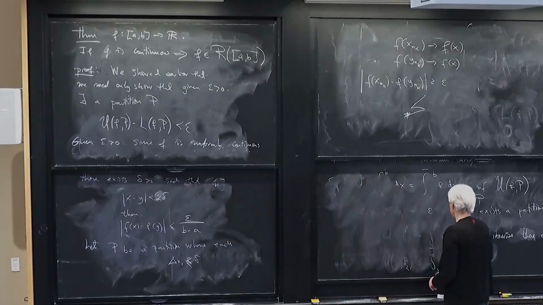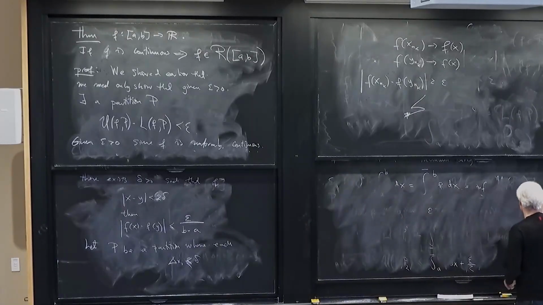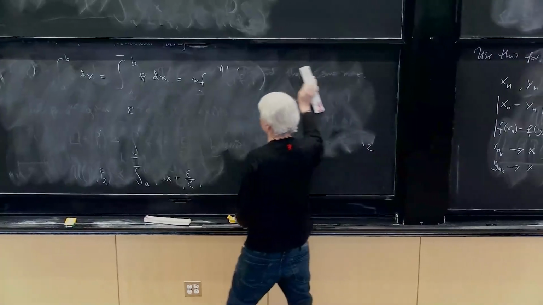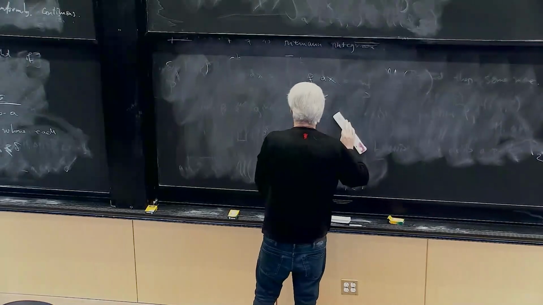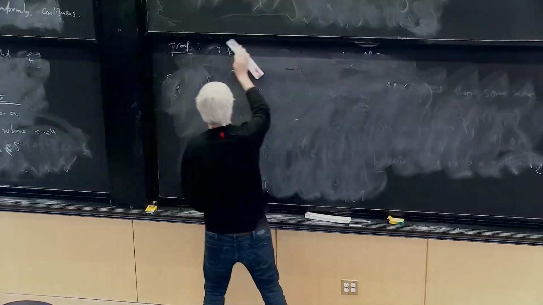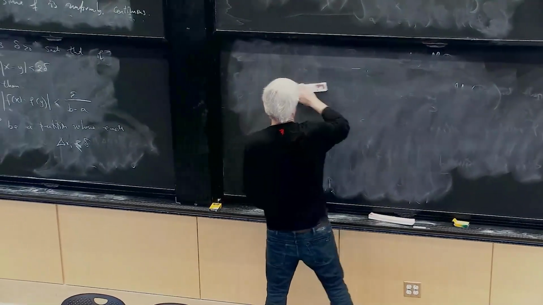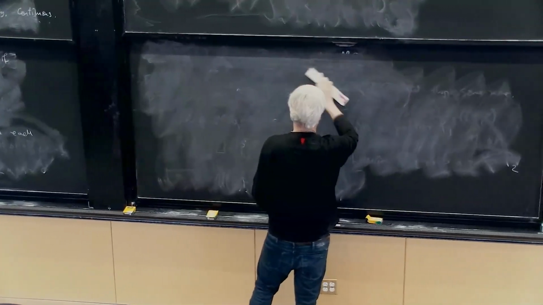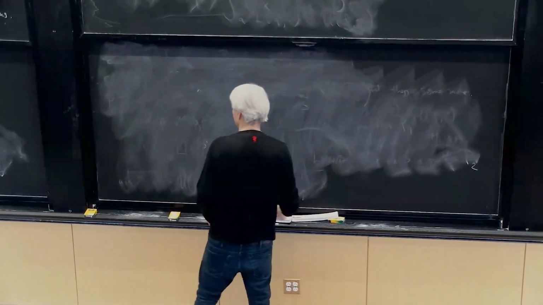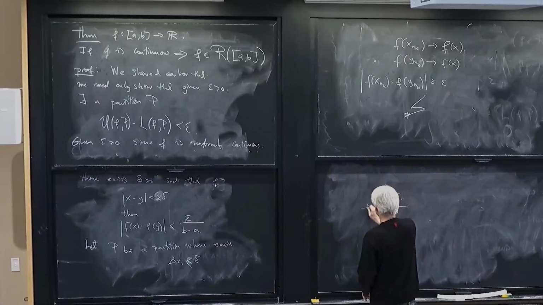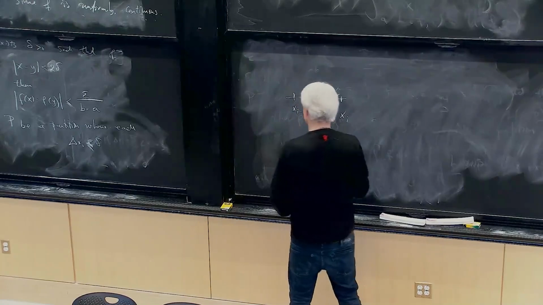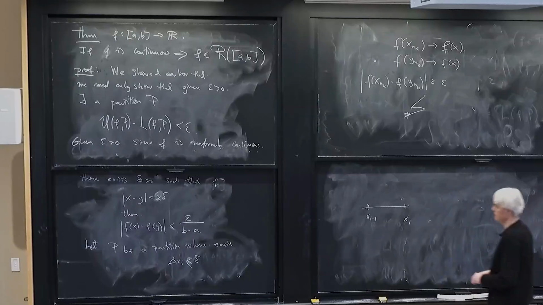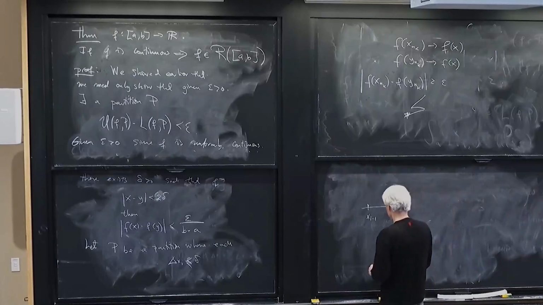So now if this is the case, and we're looking at one of these small intervals here, here you have x_{i-1}, and here you have x_i.